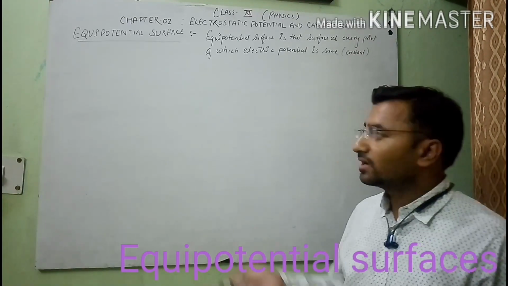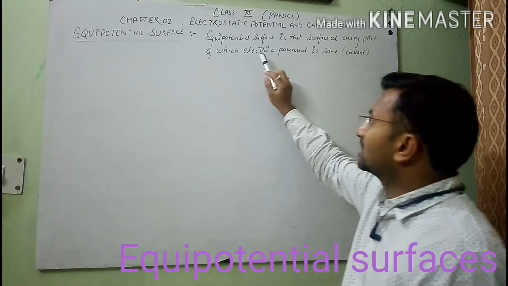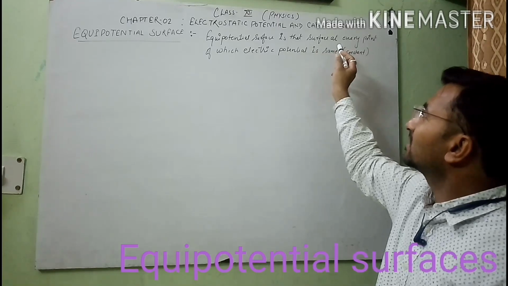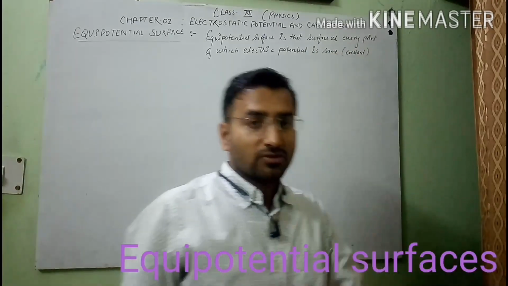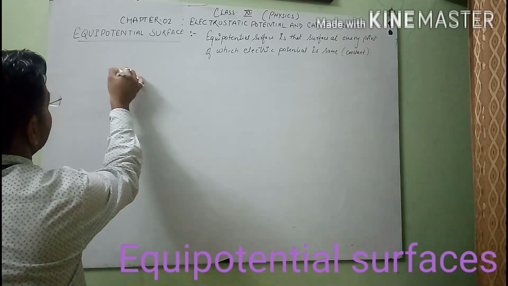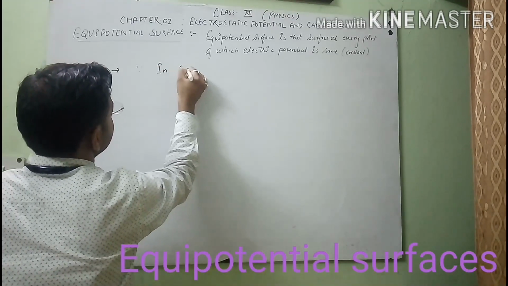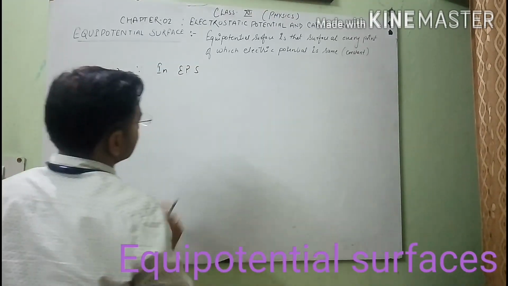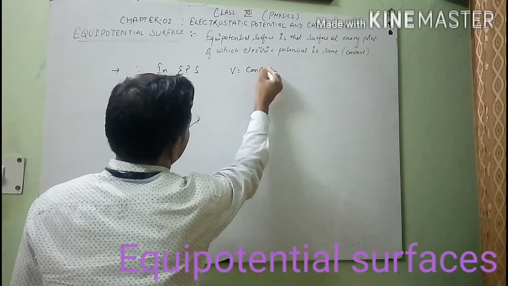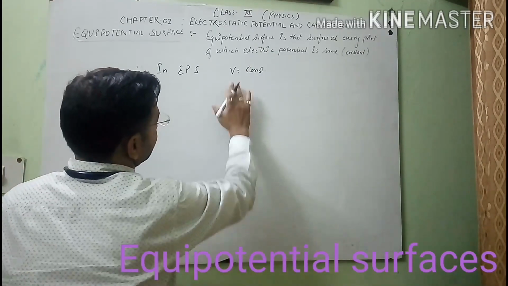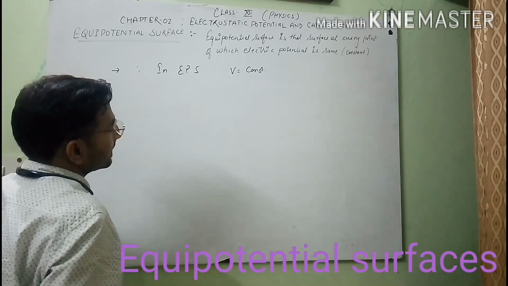In the same way I will explain the definition as I have written here. See here students, an equipotential surface is that surface at every point of which the electric potential is the same. The definition says the electric potential is the same at every place.